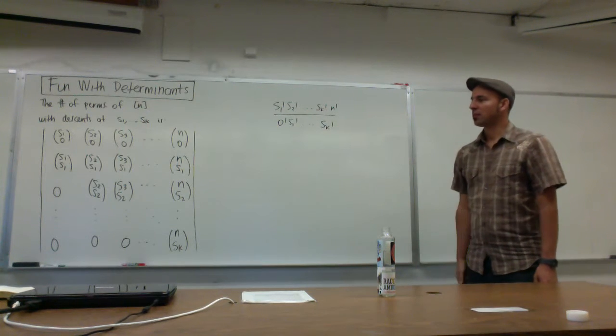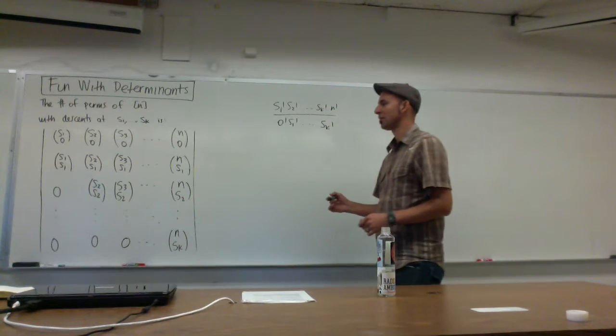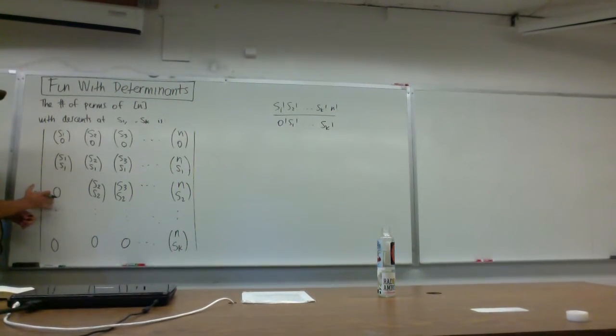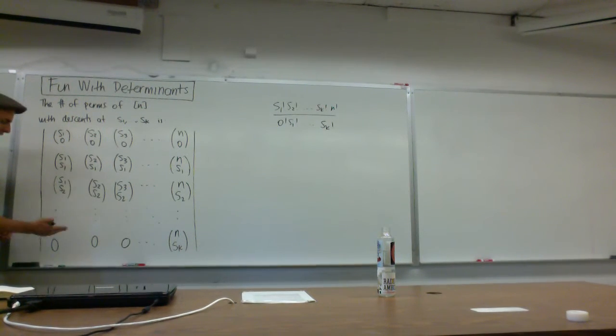Okay, so we get this determinant, and now maybe it looks a little bit nicer. And let's even take this 0. I mean, you see a pattern here that over here, these are all S1 choose something, so I could write this S1 choose S2. Right? S1 choose S2 is 0 because S1 is smaller than S2, but that now goes with this pattern, and so I can do it with all of them, right?